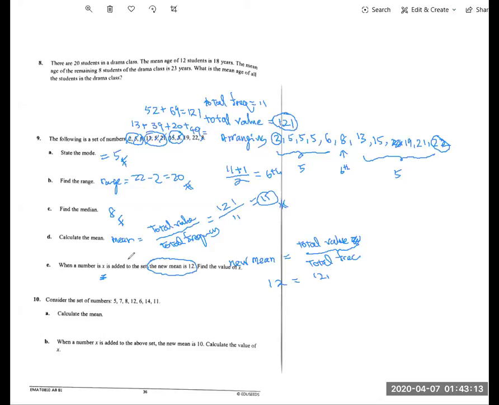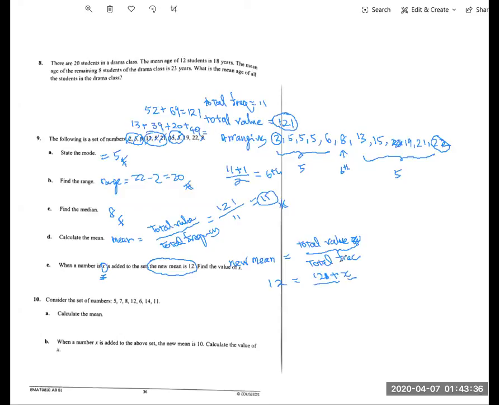This is a new number, okay? We do not know what, but we know the value is x. We have to find x. So 121 is the total value before you add the number x, okay? So the new total value is 121 plus x.